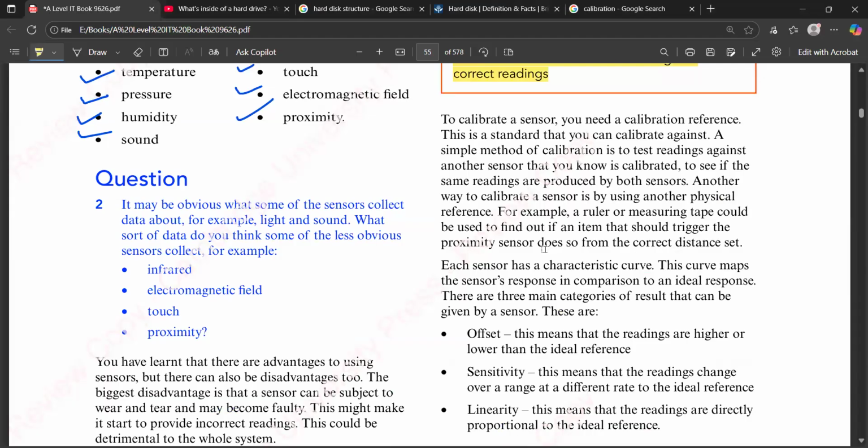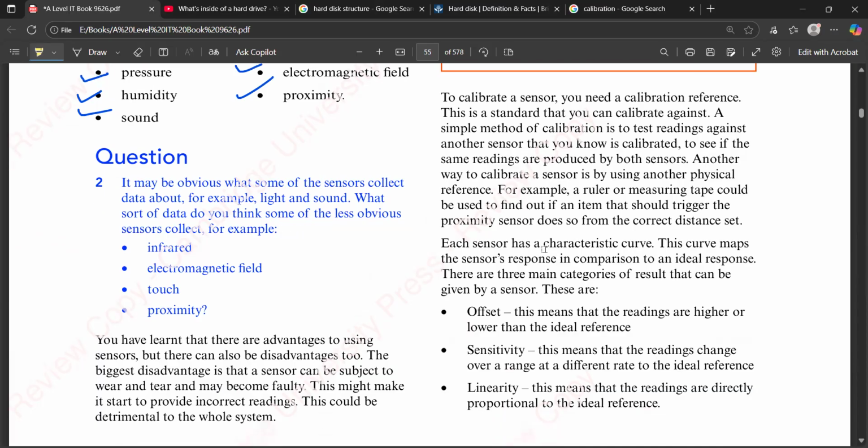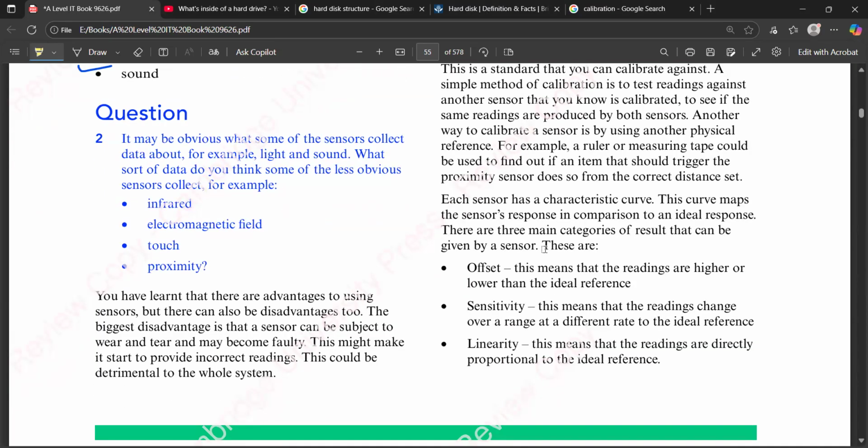Another way is using physical references, for example a ruler or a measuring tape, so that you have two values and can compare both of them. Sensors also have a characteristic curve, a map of how the sensor responds in comparison to the reference.